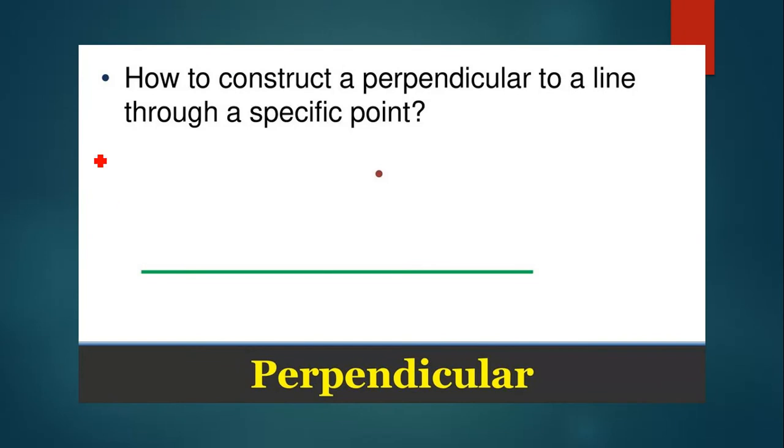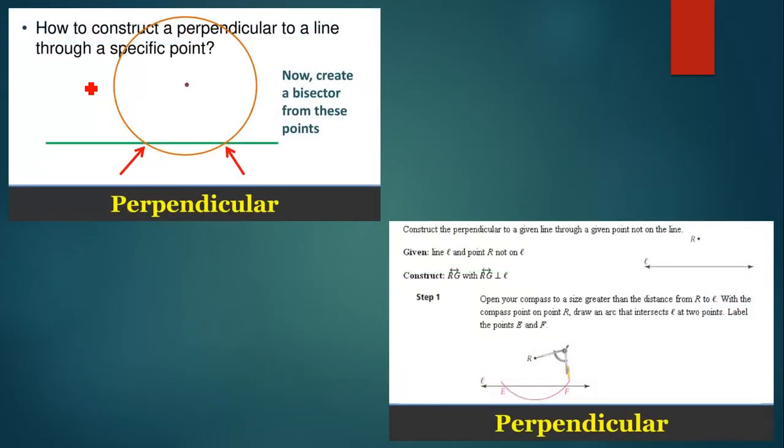Now the next thing: how to construct a perpendicular to a line through a specific point. How can you construct a perpendicular line? What you will do is create a bisector from these points, anywhere you can.